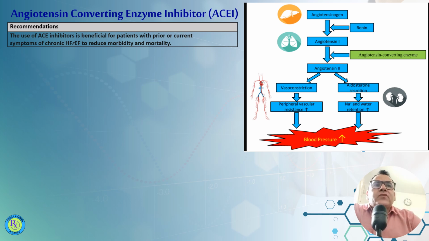Angiotensin converting enzyme converts angiotensin 1 to angiotensin 2, which in turn causes vasoconstriction and increases vascular resistance, and also increases aldosterone secretion, which causes sodium and water retention. These two effects end up increasing blood pressure. So blocking the ACE enzyme will decrease angiotensin, block this cycle, and provide benefit in heart failure.